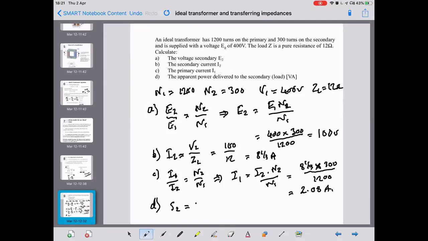V times I, so it's going to be V2 times I2. V2 was 100, wasn't it?